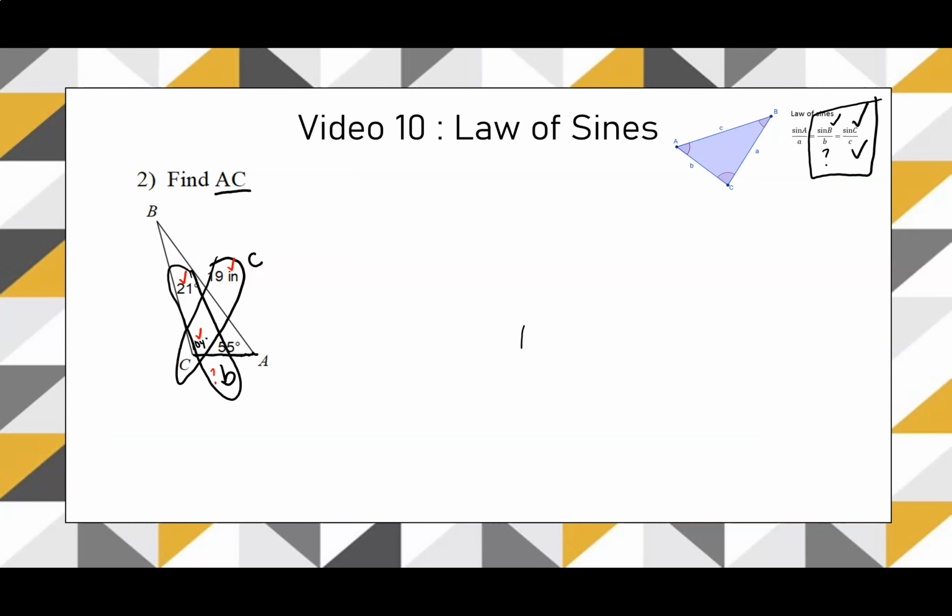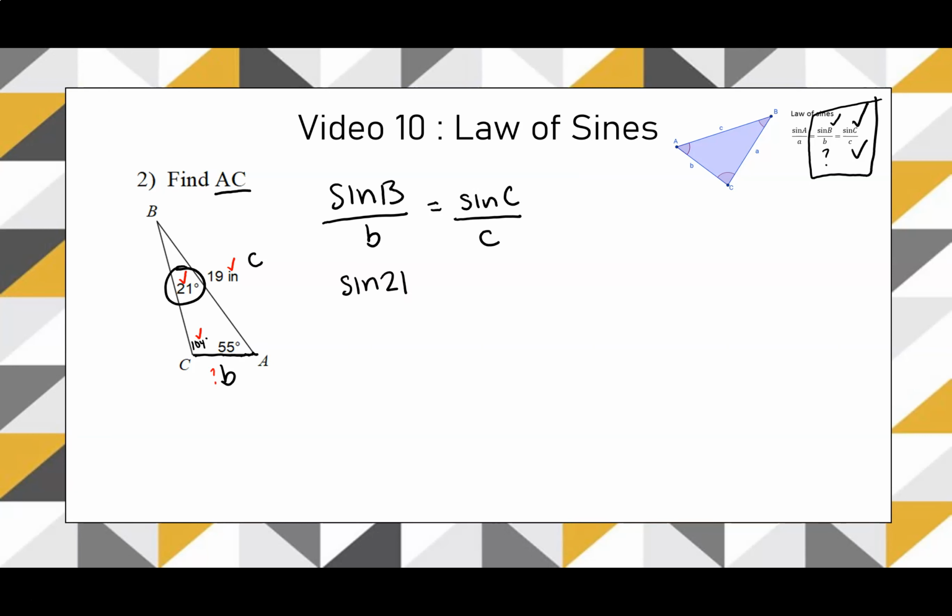Let's do it. Let's clean this up just a little bit here. So I want to have sine B over B equals sine C over C. All right, where's my angle B? That's right here, 21 degrees. So that's going to be sine of 21. Please don't forget the sine.